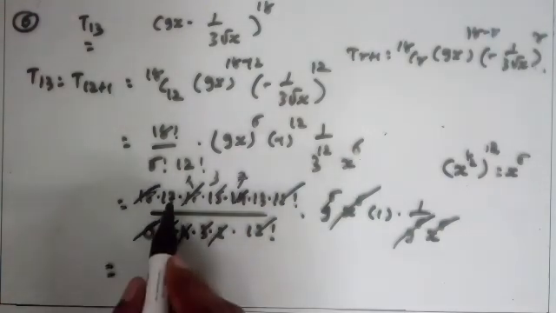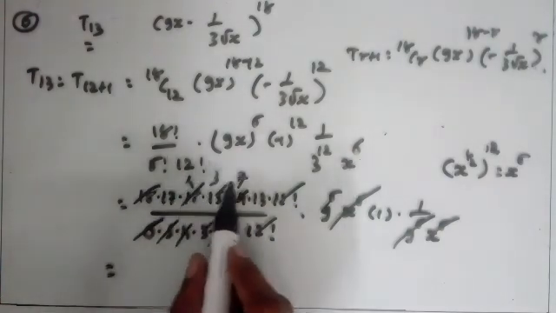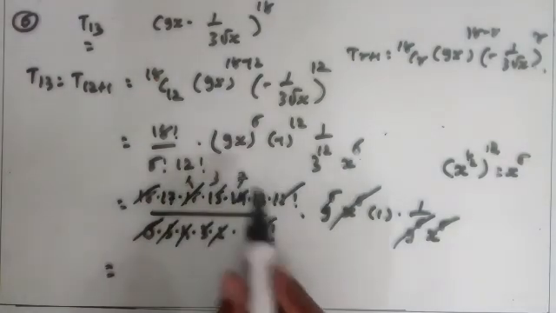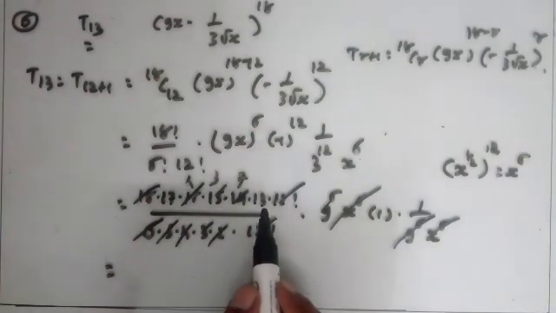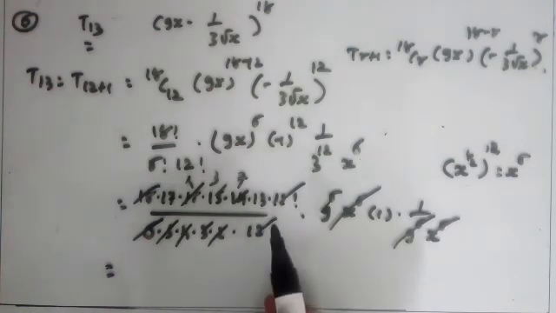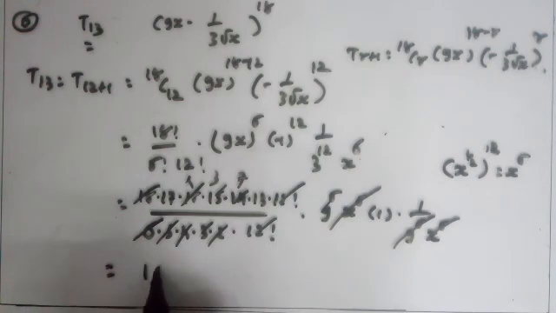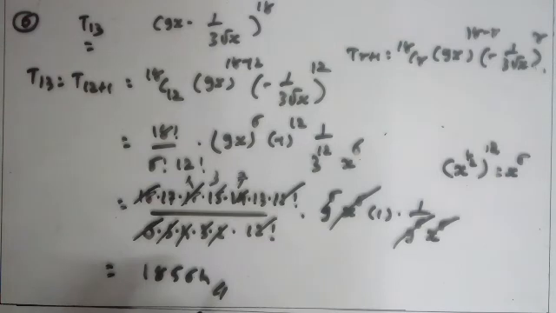So it is equal to, now using a calculator find this number, 17 into 4 into 7 into 3 into 7 into 13. These numbers become here 18564. Okay, that is 18,564. Clear?